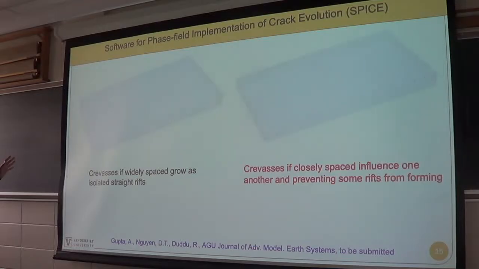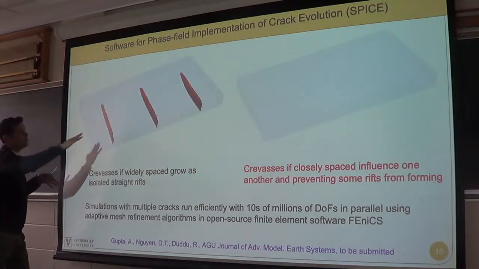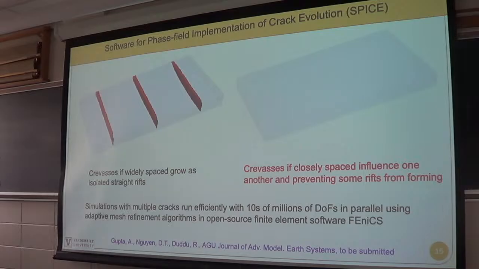And we have 2 cases where I will first show the case where maybe I have to run this manually. So if you set up these initial cracks wide apart, then you have the 3D fractures, which are crevasses in the vertical, but drifts in the horizontal, and they're growing like isolated, straight, so-called drifts, if I may call them that.